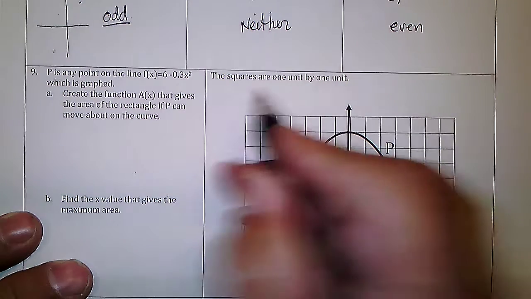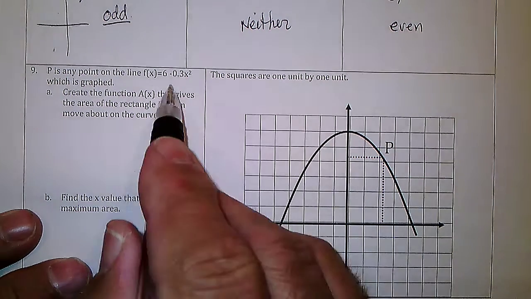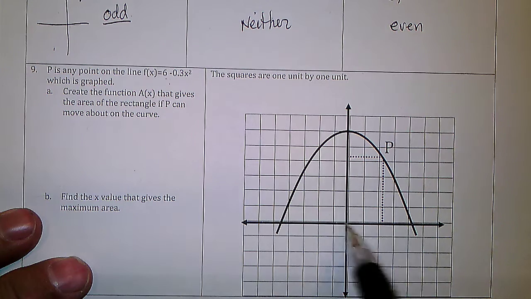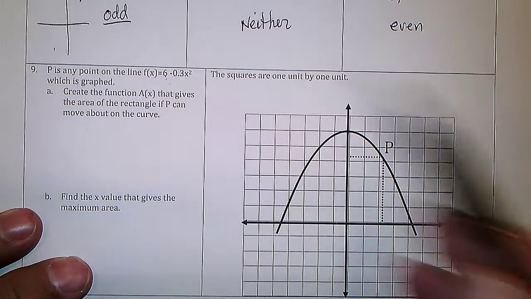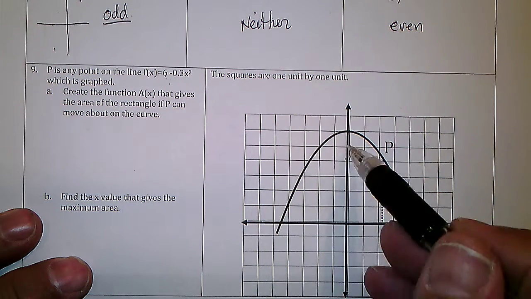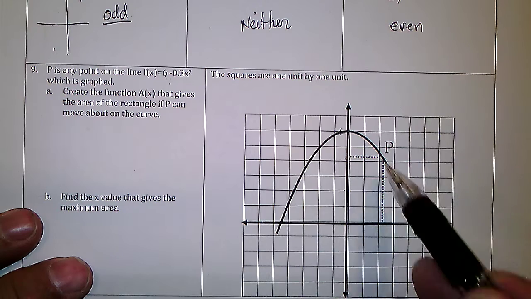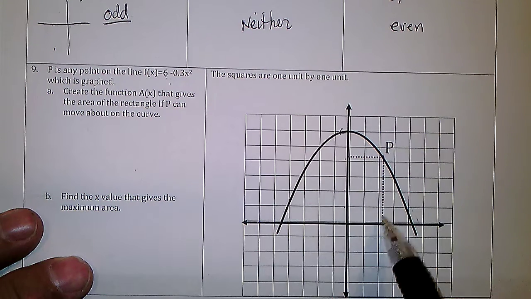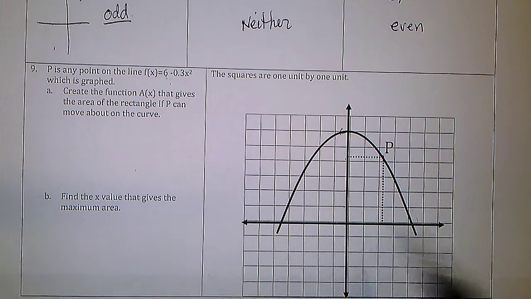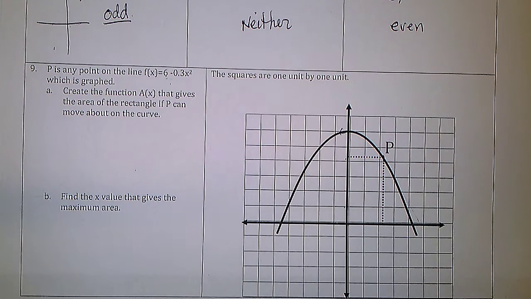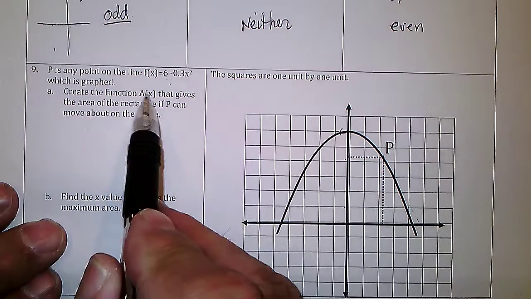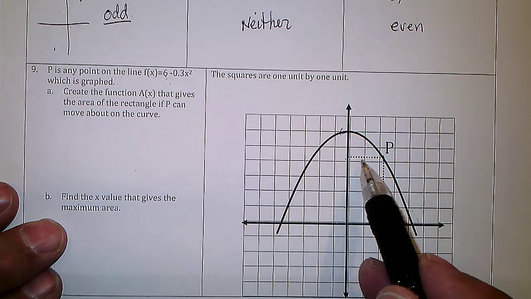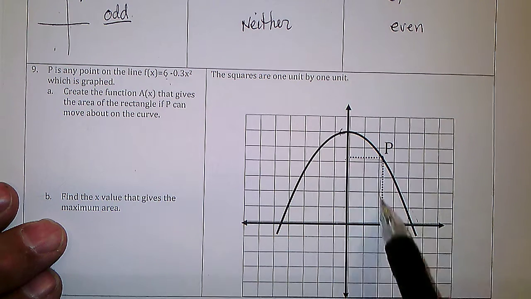Now, each one of these squares is 1 unit, and that should be the graph of this. It has a y-intercept of 6. 1, 2, 3, 4, 5, 6. And P is on the graph anywhere, not just right there, which is what a lot of students think. Create a function for the area of the rectangle.